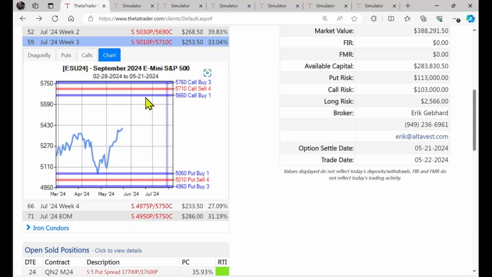And really, the key to the Dragonfly is this call you buy and this put you buy. Let's just use the call side as an example. If the market moves higher and higher and higher, this call here that you've bought, you own it, and it has a higher delta compared to the others that you sold.